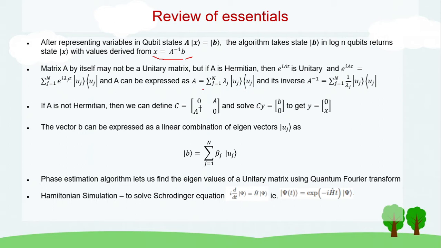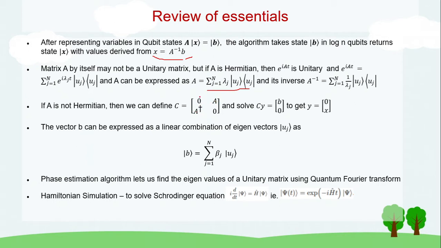And once you are able to represent it this way, getting A inverse is very simple. You just take the inverse of the eigenvalue, and you will be able to get A inverse. And we said in the previous slide that A should be Hermitian, right? In case A is not Hermitian, you define one more matrix C, using A positioned like this, and its conjugate transpose, A dagger.